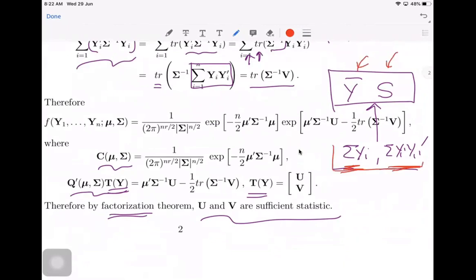If we have shown that these two are sufficient stats, what will be the possible reason why we can conclude in the next step that Y bar and S are sufficient stats also?